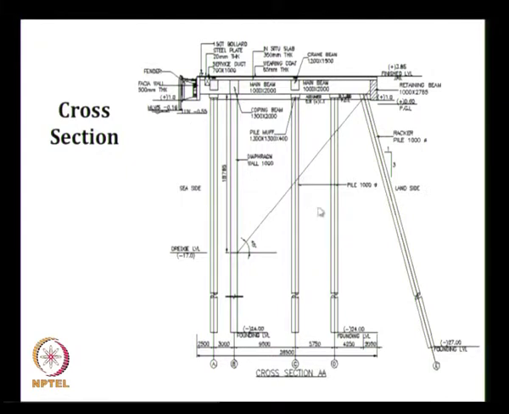Otherwise, if we have a vertical member, all the horizontal forces will be taken care of only by shear and bending moment in the member, not by axial force. But these raker piles will reduce the deflection and do not provide energy dissipation during seismic conditions. So in seismic zone 4 and 5 we do not recommend raker piles.